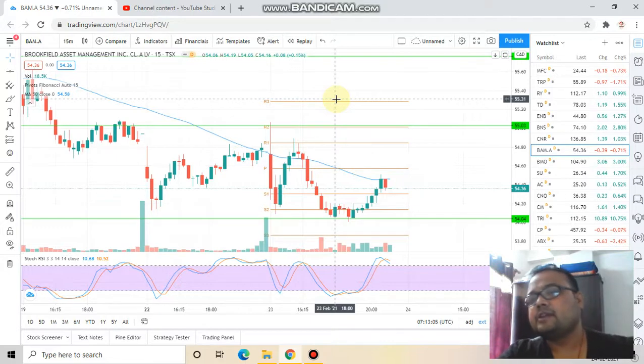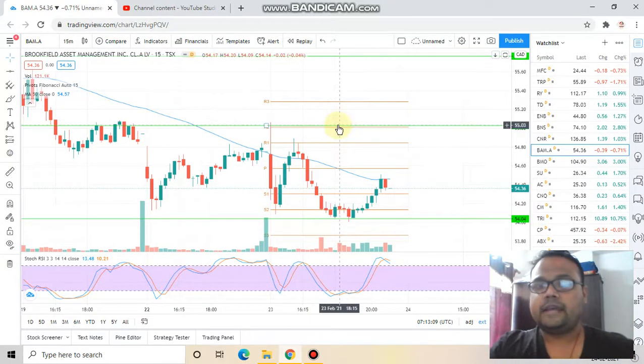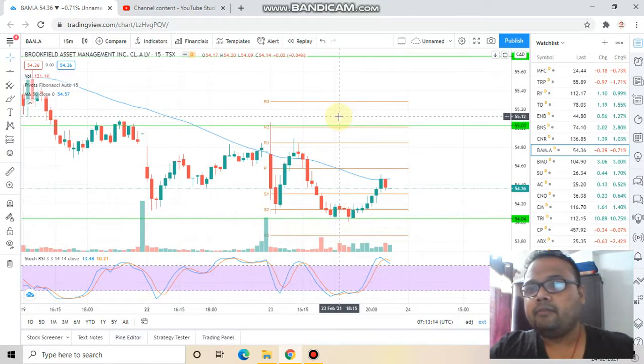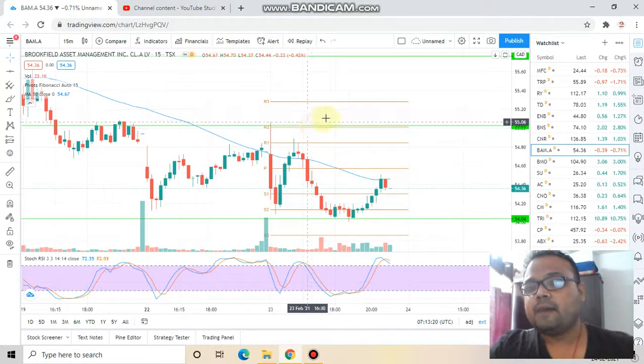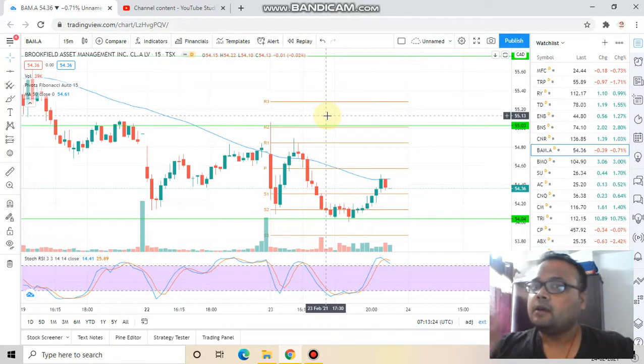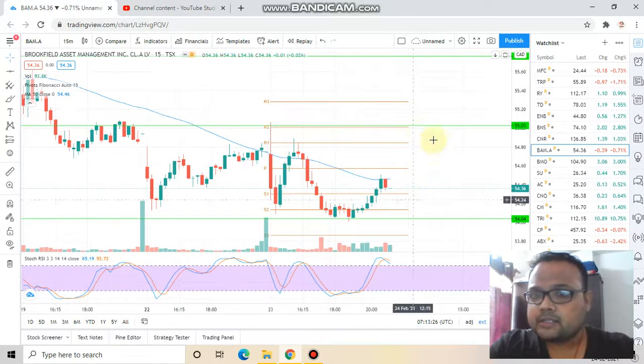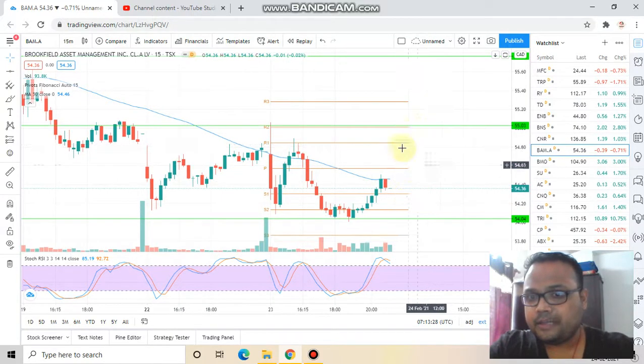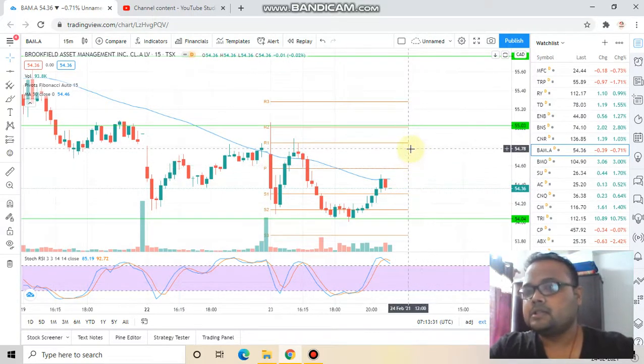Again, the same strategy is applicable for Brookfield Asset Management, like the Toronto Dominion Bank. Only buy above 55.10. Okay, this is the previous day's high. Buy above this level only, not below that.